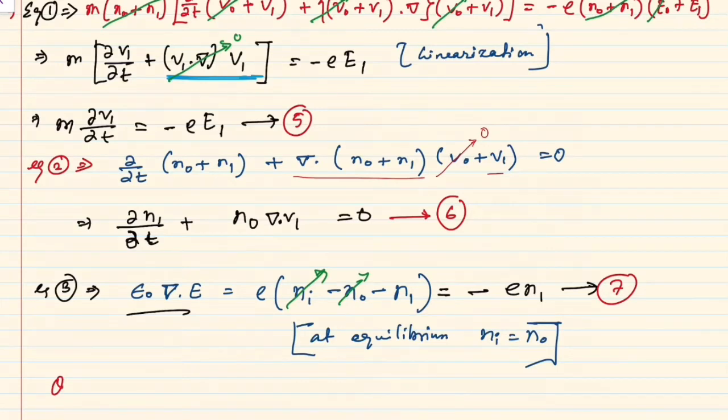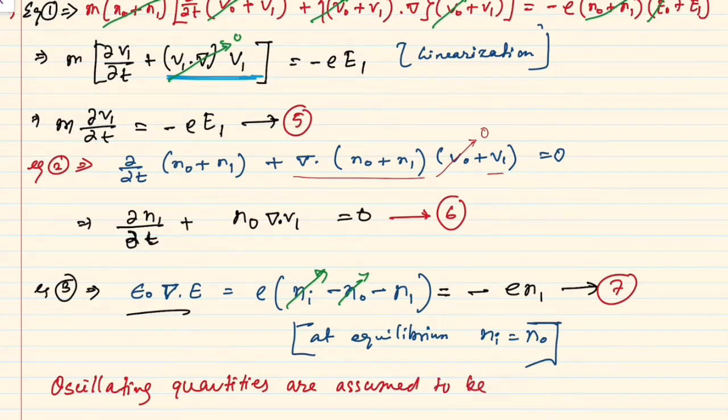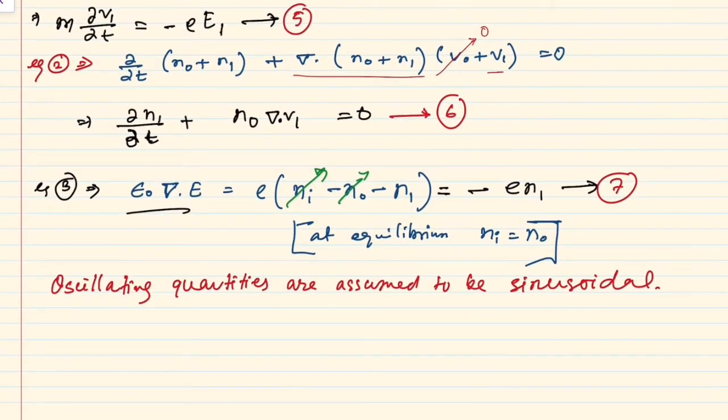So now assume that oscillating quantities are assumed to be sinusoidal, then we can write here that n1 is equal to n1 bar, to represent the amplitude, e to the power i(kx minus omega t), where omega represents the plasma frequency.